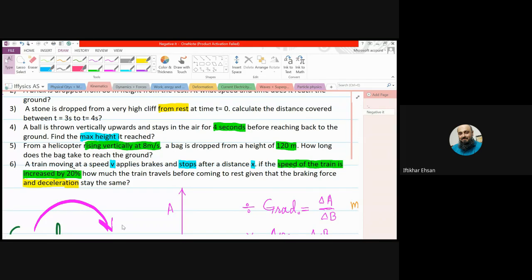Ji beta ji, any idea? I have time is equal to 5.83 seconds. Your answer is perfect. I'm waiting for others to respond.